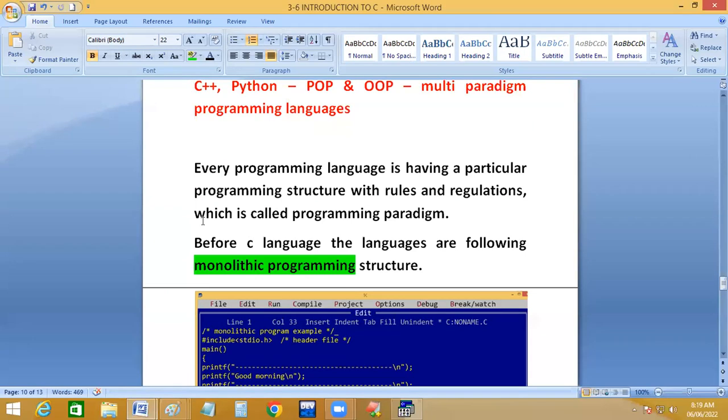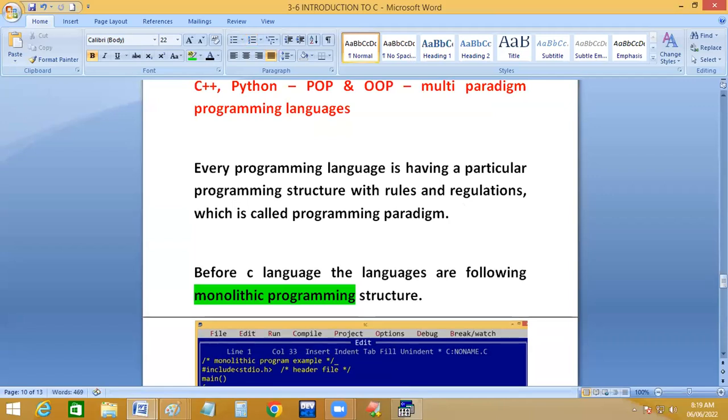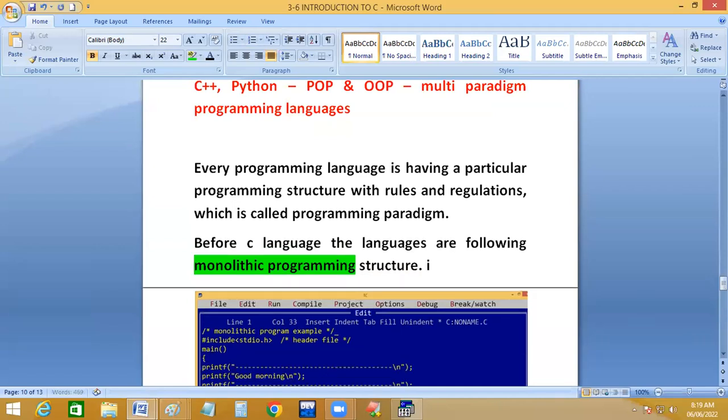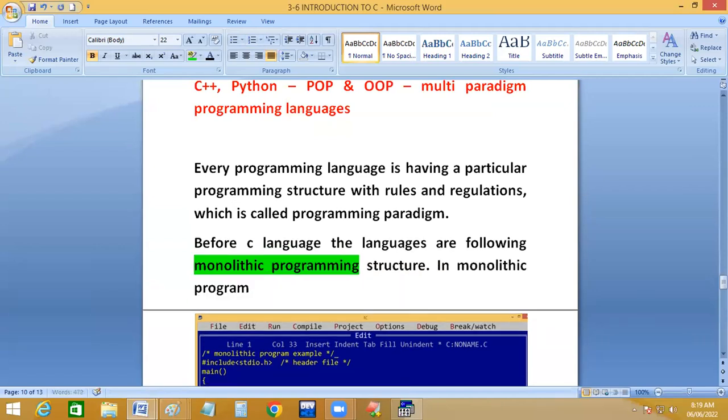Now I'm going to give this one. Watch it. In monolithic programming, the program is created using how many programs? A single program.